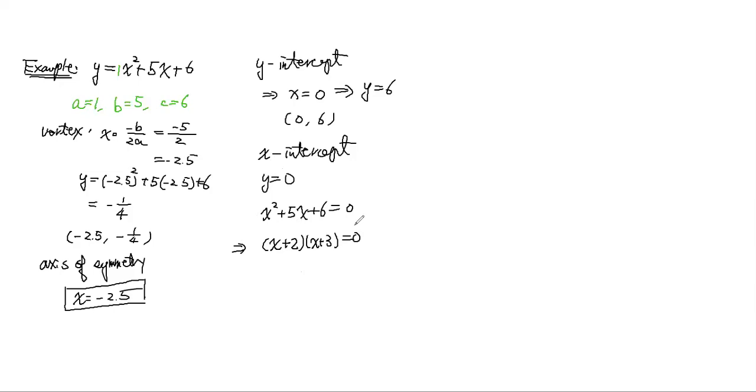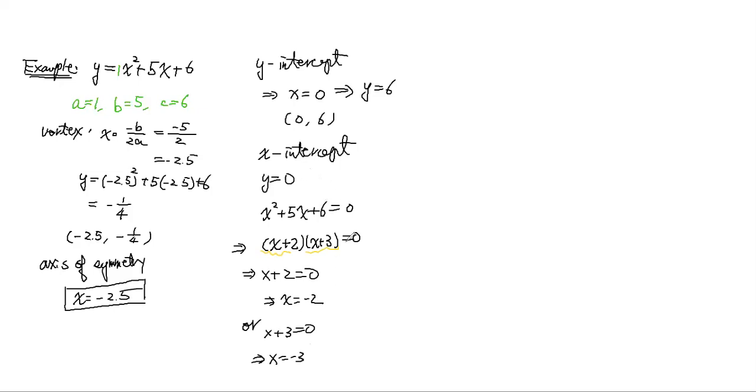If you multiply two things and get 0, that means the first one equals 0 or the second one equals 0. So x plus 2 equals 0 gives x equal to negative 2, or x plus 3 equals 0 gives x equal to negative 3.